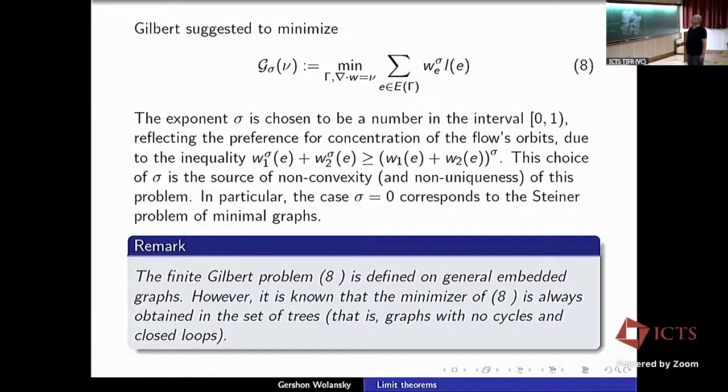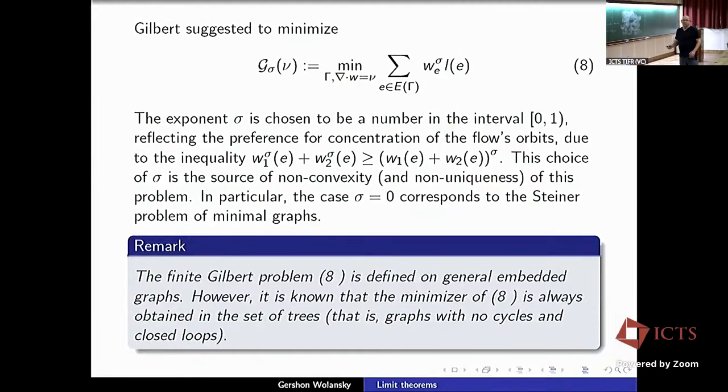The cost of transporting two parcels, for example, W1 and W2, separately is bigger than transporting them together. So therefore, the transport is looking for a more densely populated area, and we minimize with respect to W on a graph and with respect to all possible graphs.